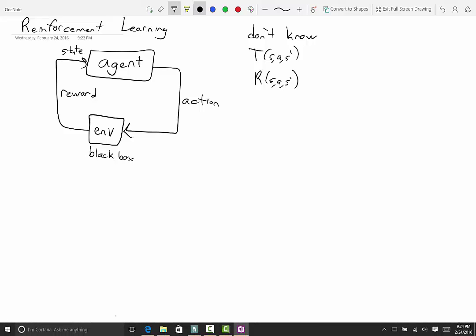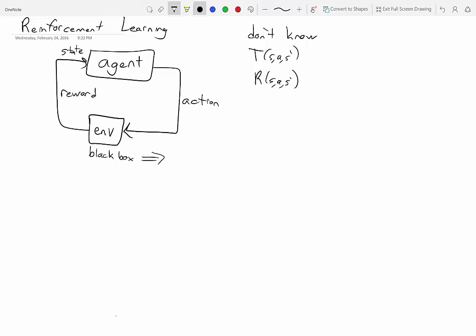What does this mean? Well, because it's a black box, it means we have to interact. We have to take actions in order to figure out what's good and what's bad. So the approaches that we're going to talk about in reinforcement learning for maximizing our expected reward and getting a good policy are basically going to be sampled versions of how we solve MDPs.